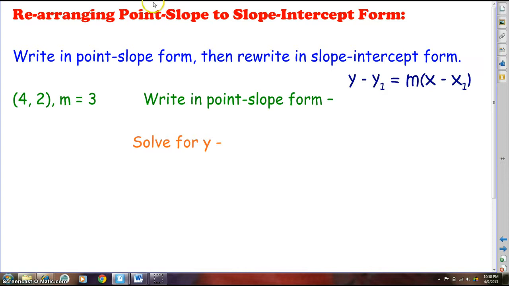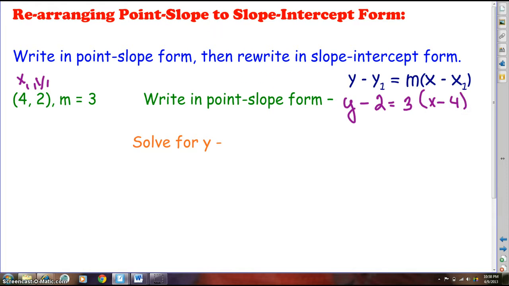So the first thing that we're going to do is write our equation in point-slope form. We keep our y, in place of the y1 we go over to our point, and our coordinates were x1, y1. So our y1 has a value of 2. We replace the m with our slope of 3, and then it's x minus, and then we go back to our point, and our x1 value was 4.